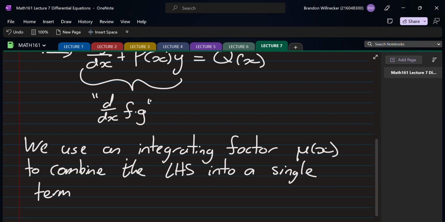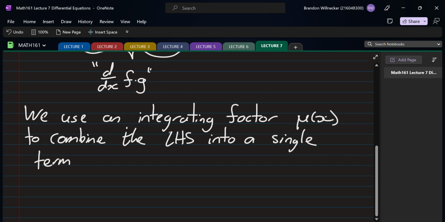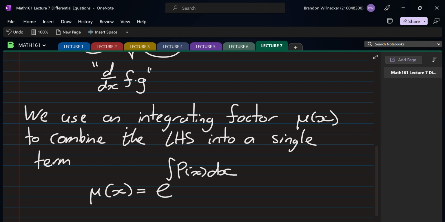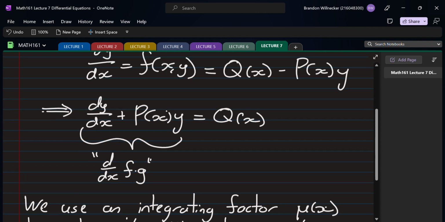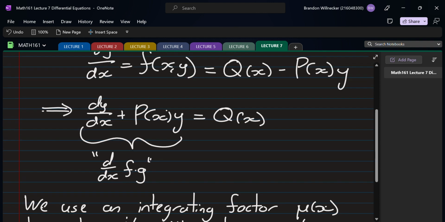Okay. So I'll just write out what the integrating factor is and then go over how we get there. So the integrating factor mu is equal to e to the integral of p(x) dx. Okay, so that's our integrating factor. We define this new function mu to be e to the power integral p(x) dx, where p(x) is that function in front of the y term.